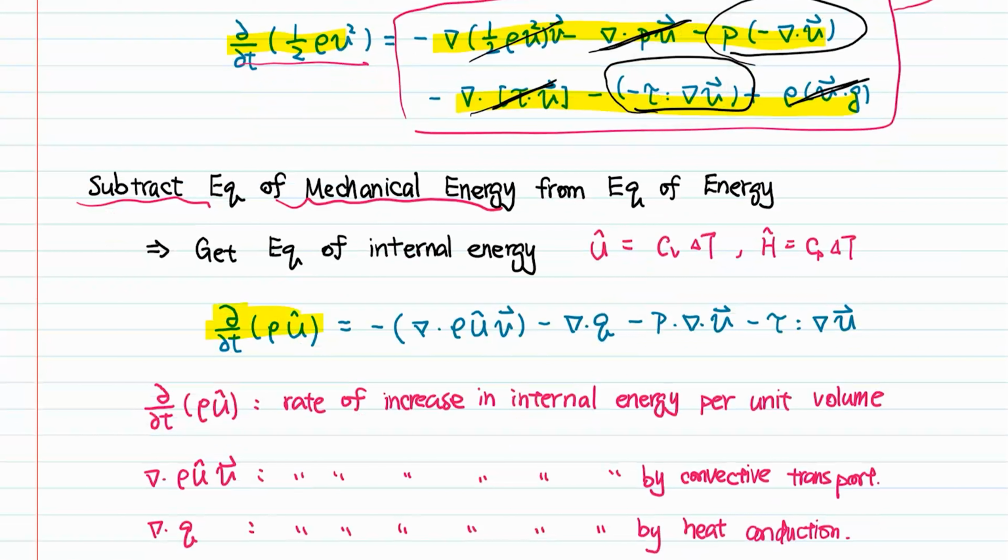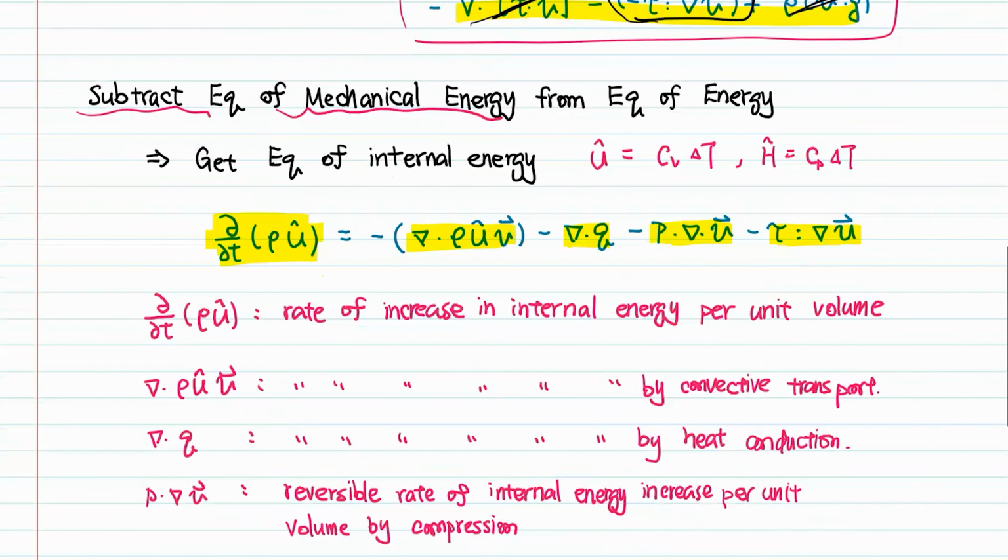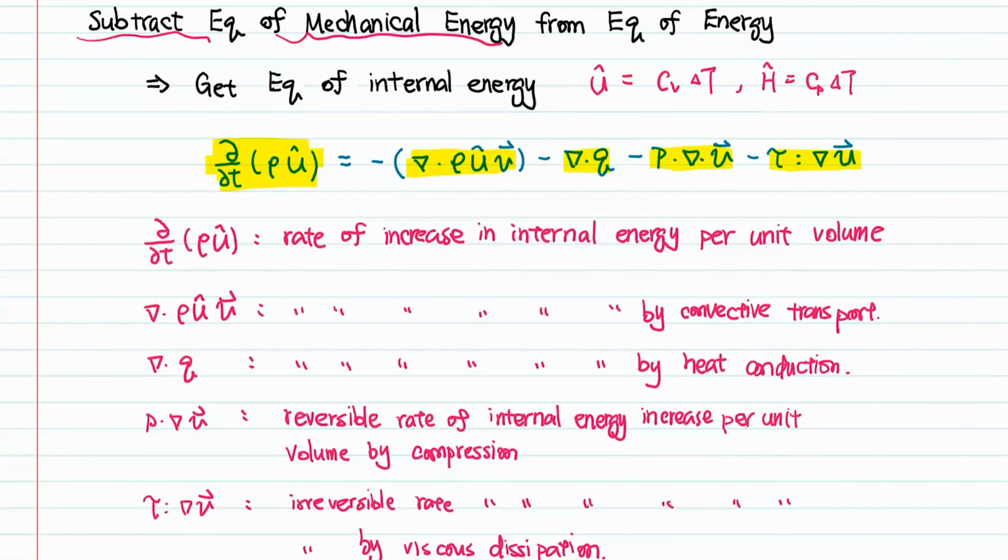On the left hand side we have the rate of increase in internal energy, which equals that by convection, by conduction, the reversible change by compression, and the irreversible change by viscous dissipation. Okay, and this doesn't seem to be our final form yet, so we're going to continue.